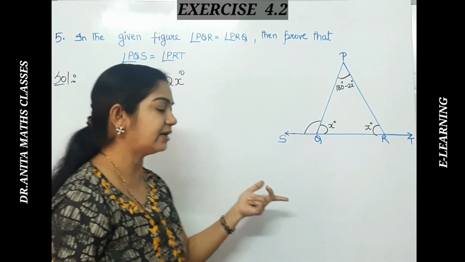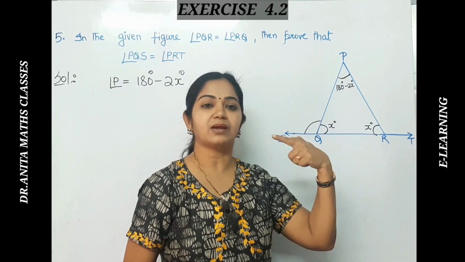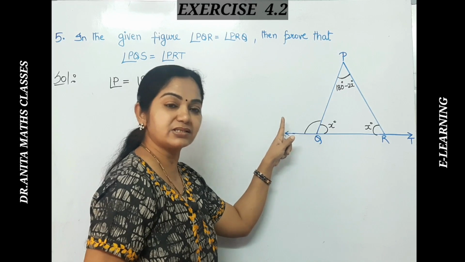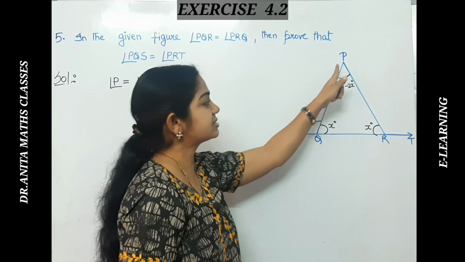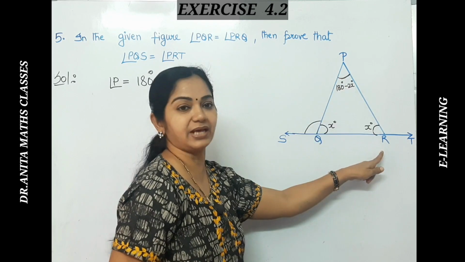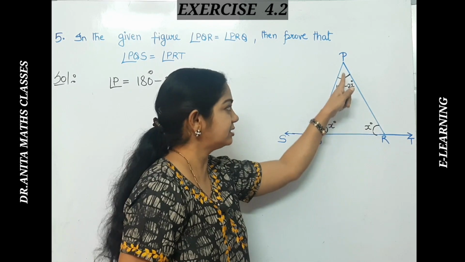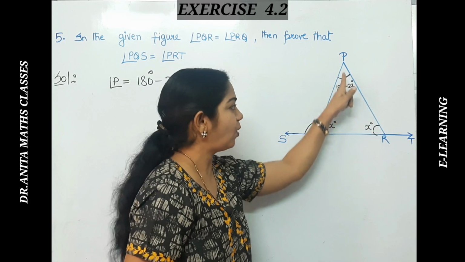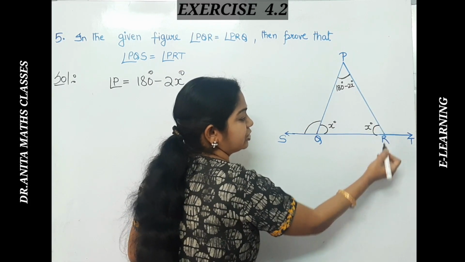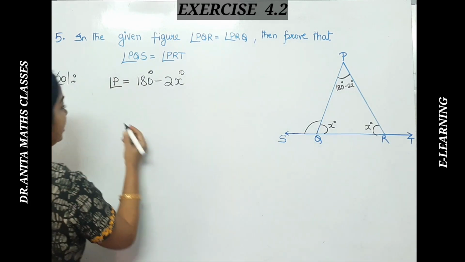The theorem says that if in a triangle one side is extended and an exterior angle is formed, this exterior angle is equal to the sum of the interior opposite angles. Opposite to this exterior angle are these two angles. So according to that theorem, we will be equating that.